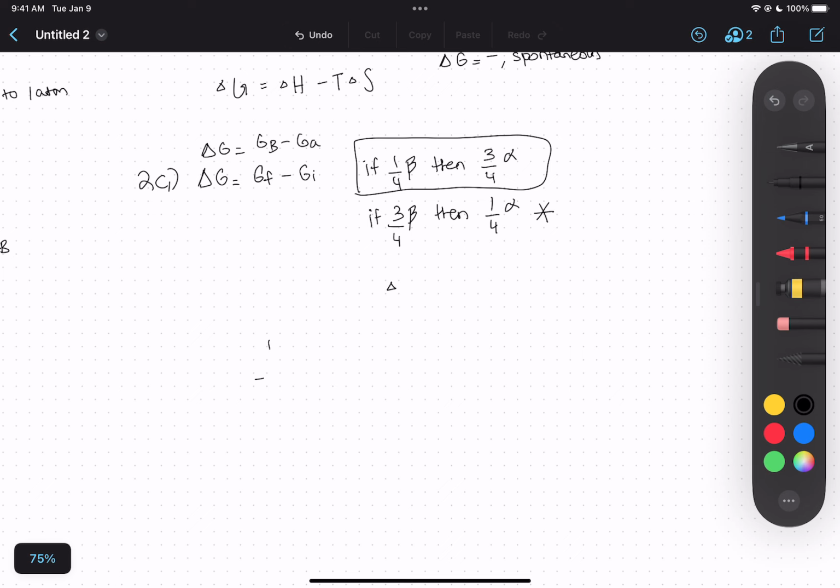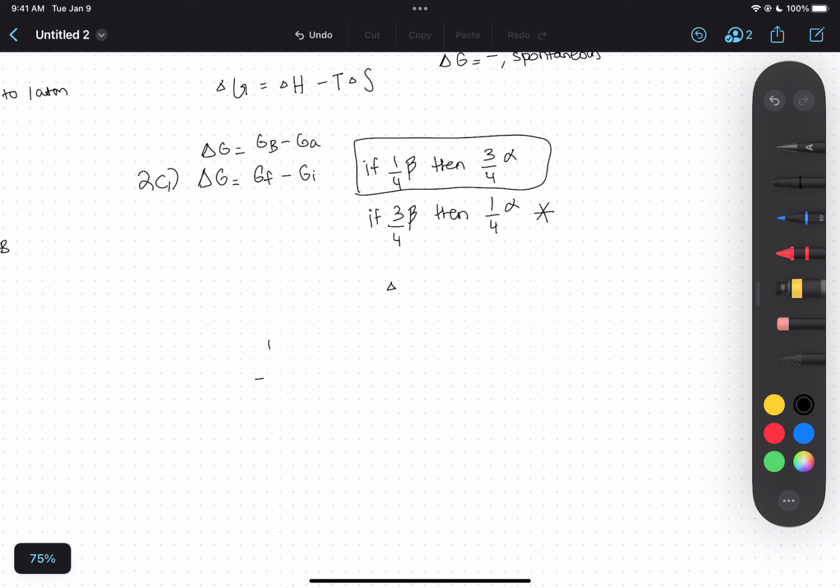If we're going by that conceptual understanding that your Gibbs free energy is related to the completion of a reaction, then if it's only 25% complete, or you have 1/4 of the beta as a result, then 25% of your delta G value is what you should be getting, right? For that first question, for example.